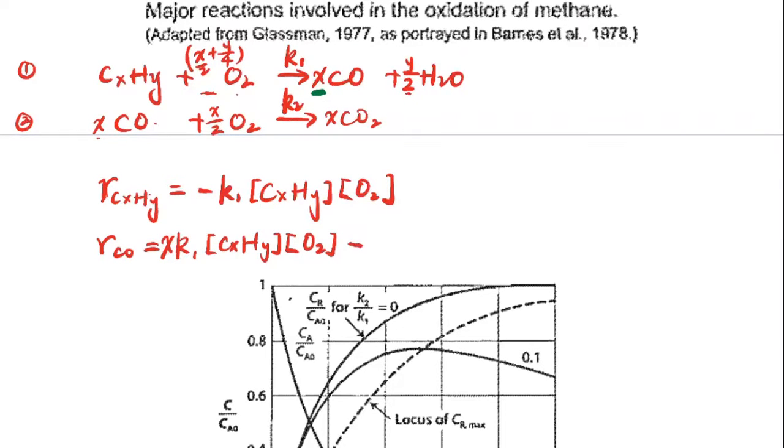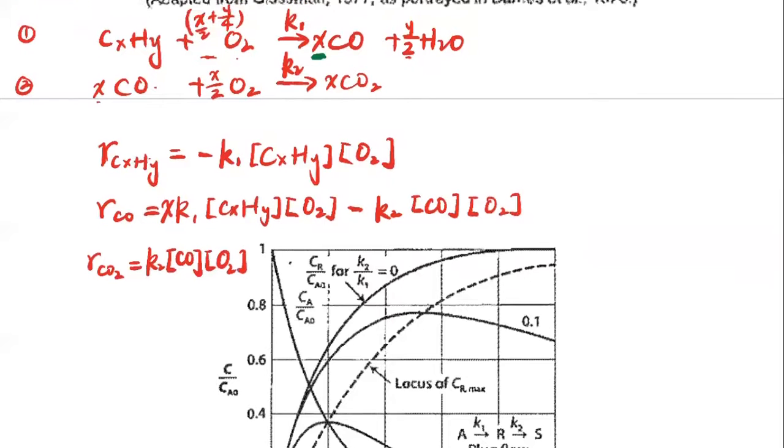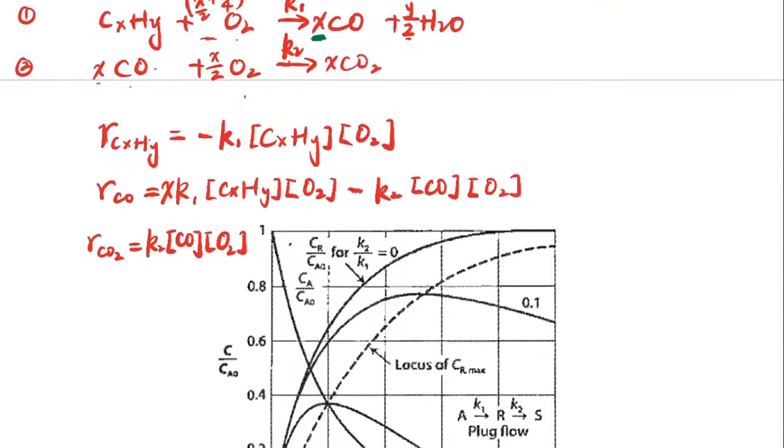So we should add in this minus term here, which is K2 times the carbon monoxide and then the oxygen. We can also write out the reaction rate for the carbon dioxide, which is basically K2, CO, and oxygen, right? We just consider the rate constant, which is K2, and the concentration of these reactants, okay? So these are the reaction rates for the reactants and also the products.